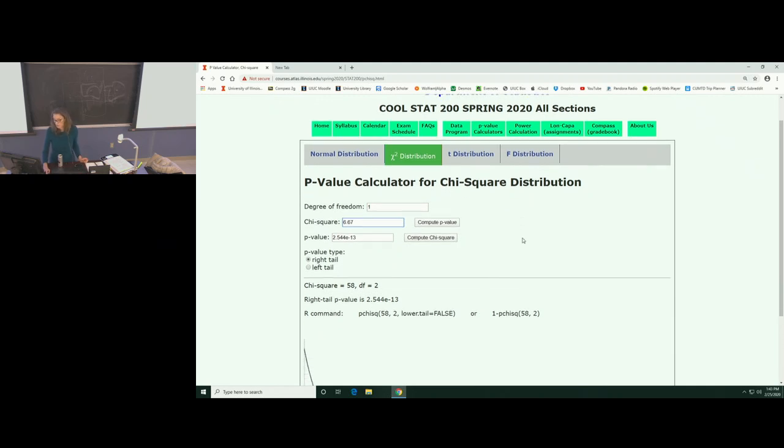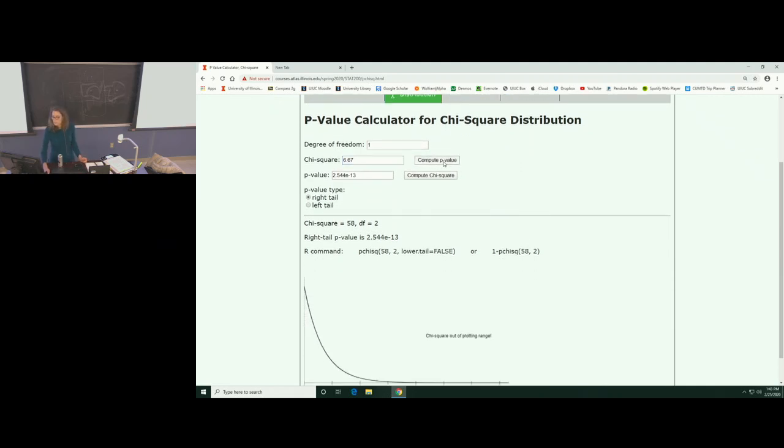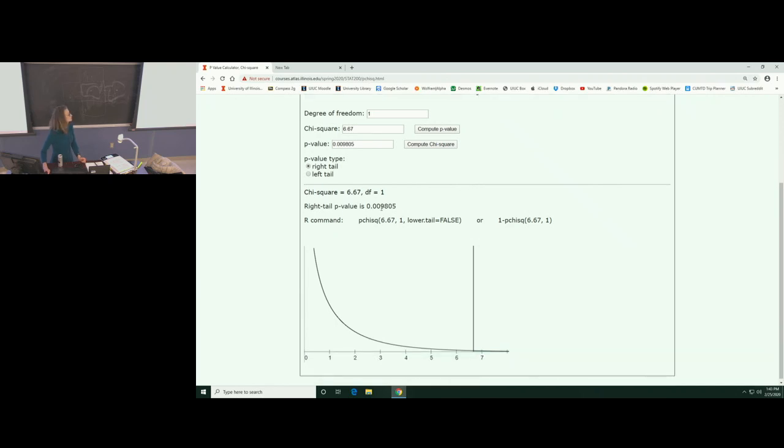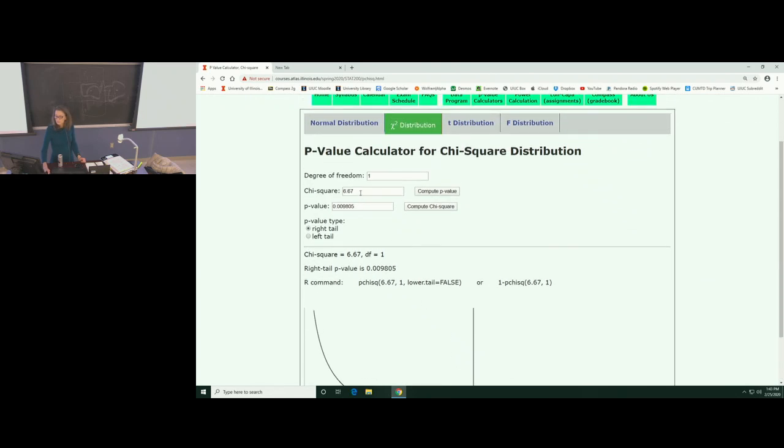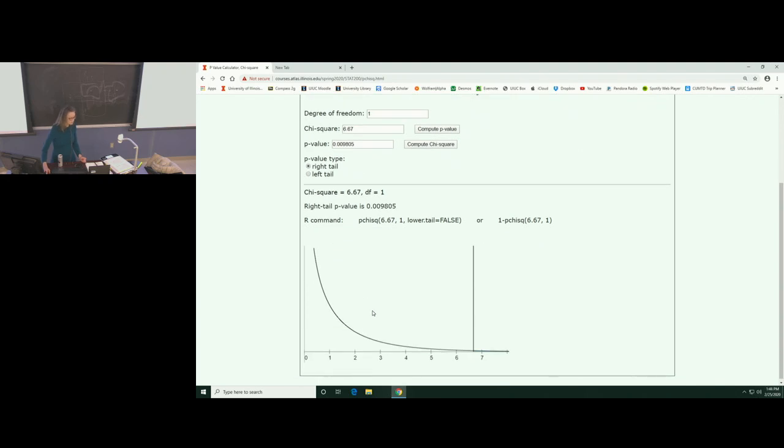So now we should get 1%. What do we get? Well, very close to it, within rounding. That's the area of the two tails. So that's it. We got the same thing.